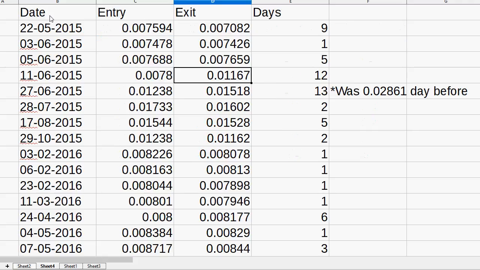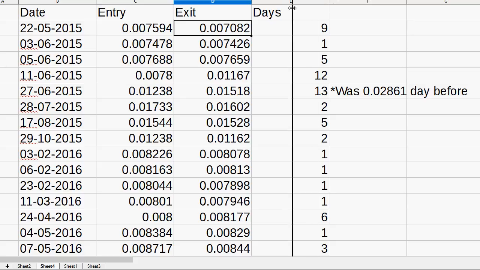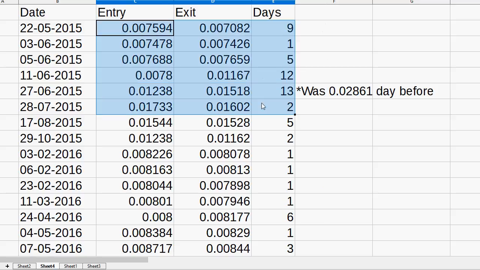So this is what we have. We have the date in column B, the entry price that you would be buying. You were looking at the closes, and the exit price, and the amount of days spent within such. I'm just going to put this in a centering format.